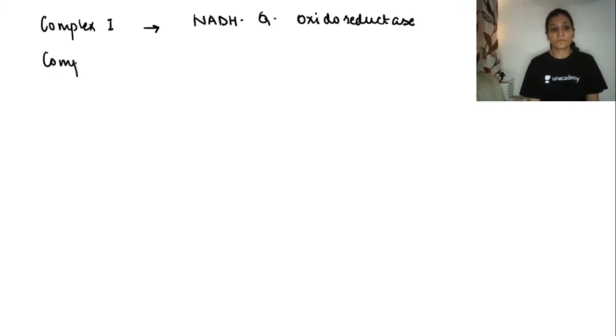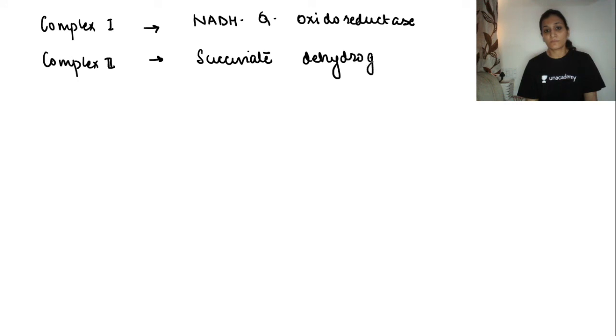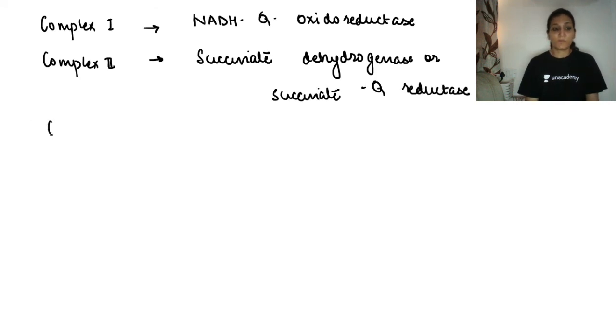Complex 2 consists of succinate dehydrogenase or succinate reductase. Then complex 3 is made of coenzyme Q cytochrome C reductase.